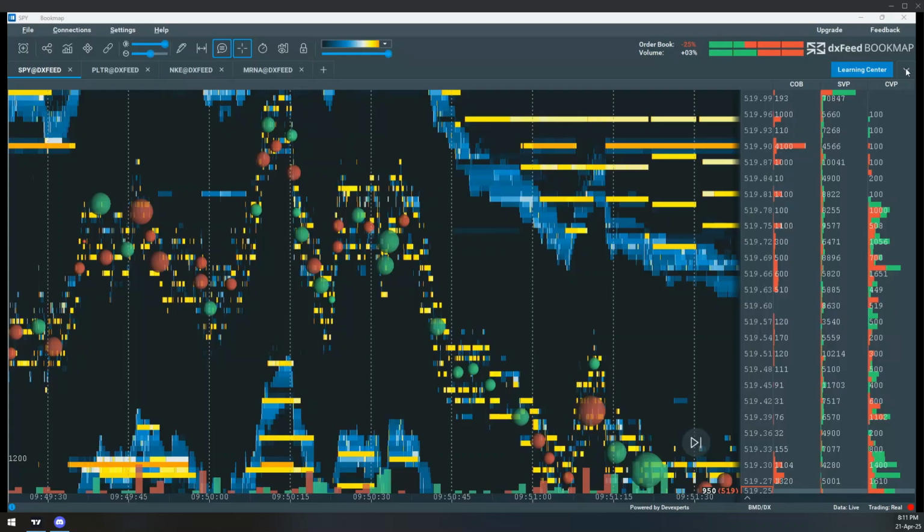Bookmap was just an additional tool in my toolbox. But it's worth it, guys. Trust me, it is worth it. You just have to make the investment time-wise. It's not going to be one video where you get it. It's going to be a little bit more, especially if you've got less than a year's worth of trading experience.